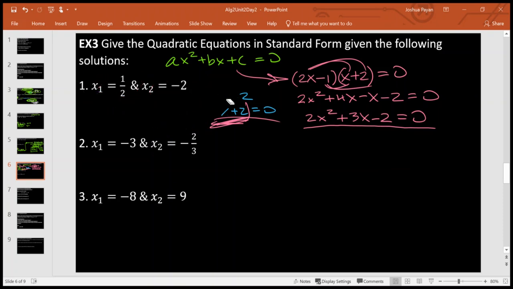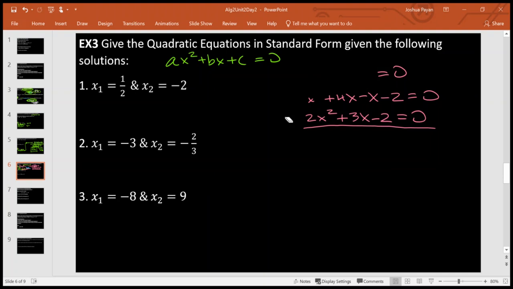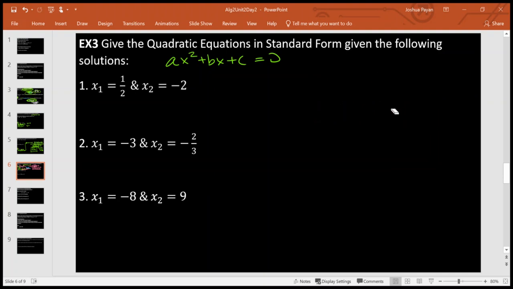All right, so let's do it again. Another example right here. Now we're saying x equals -3 and x equals -2/3. Starting on the left, real simple, add 3 to both sides, x plus 3.